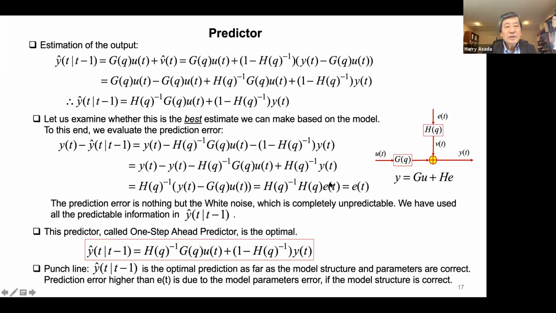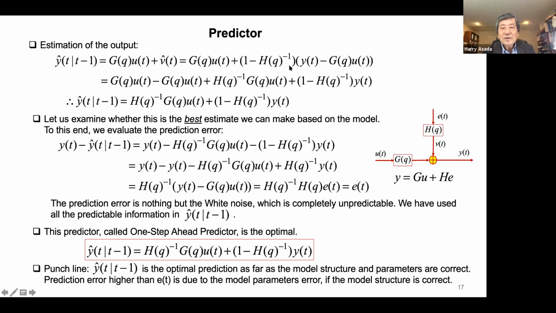So the v(t-1) is given by what we just obtained. By adding this for the path, we should be able to predict the output, right? So G(q)u(t) plus this term is expanded in this way, just as we obtained.